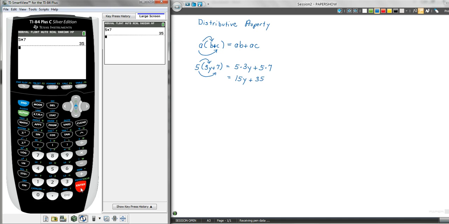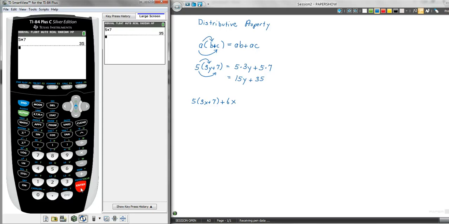So let's try another one. So we have 5 times 3x plus 7, which we've seen above, but this time we're going to go ahead and add 6x to it. So what we ultimately want to do is combine like terms, and when you're working with this, the rules are in your book, and what you want to do is use the distributive property to remove the parentheses.